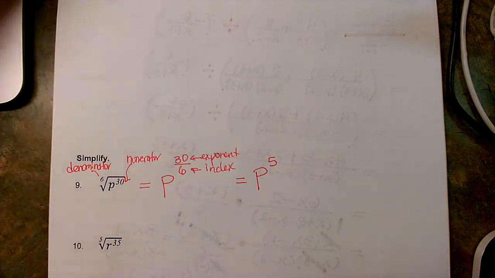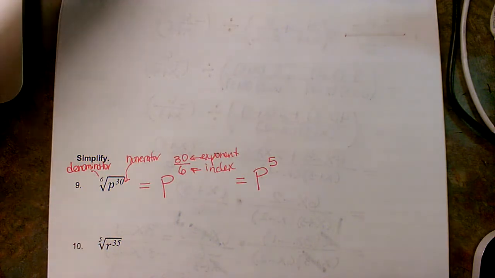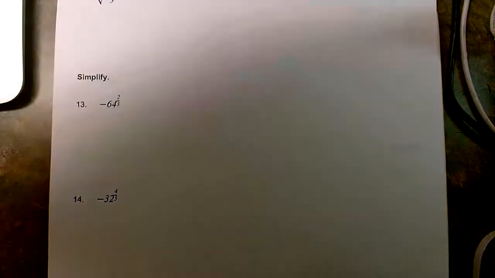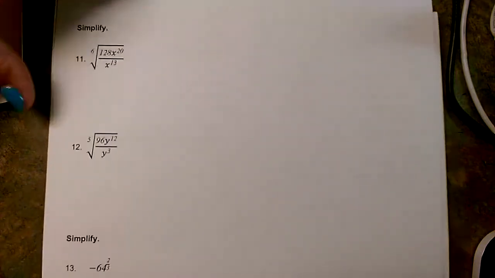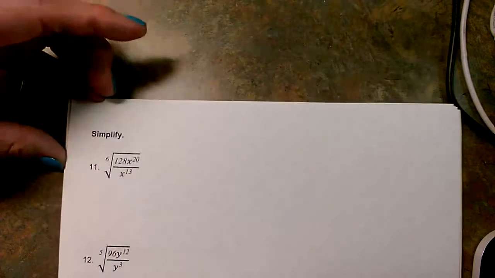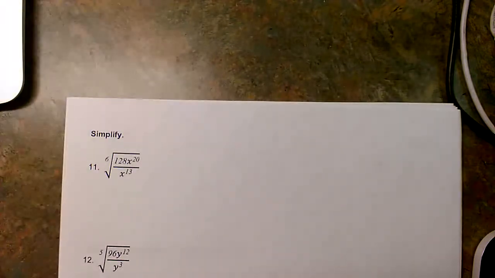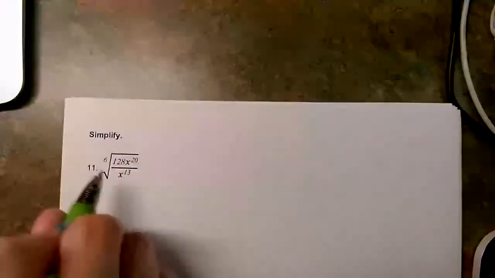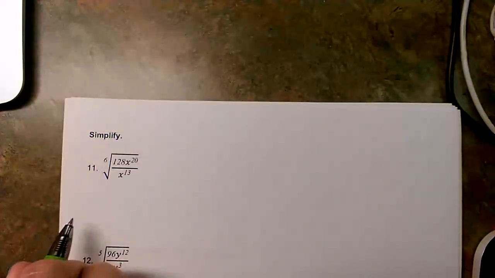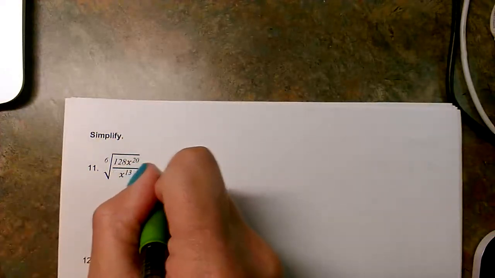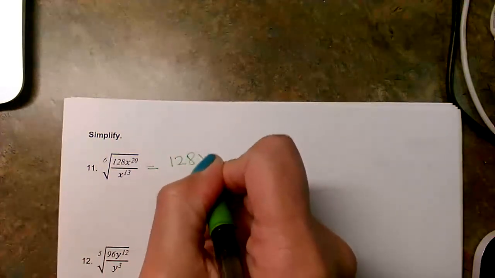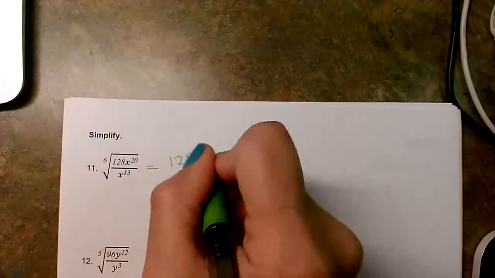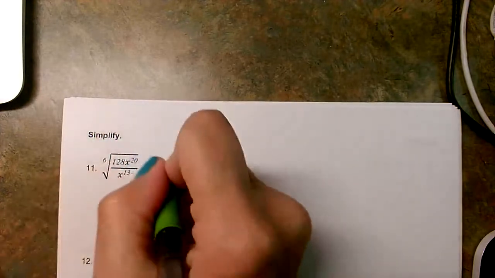Okay? So this is 9, 10. Let's do 11. So we have 128. 20 minus 13 is to the 7th power, right?